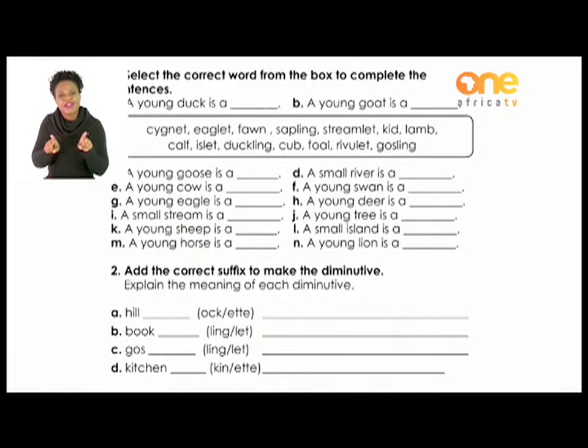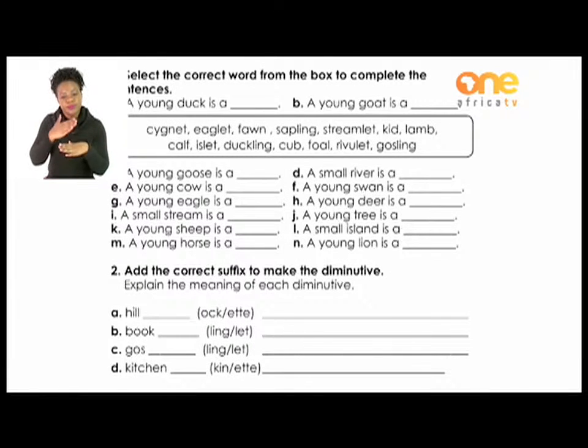Now, what you simply need to do is to choose a word that will complete the given phrases there. For example, a young duck is a duckling. A young goat is a kid. So you proceed from C up to N, writing the correct diminutive for each.